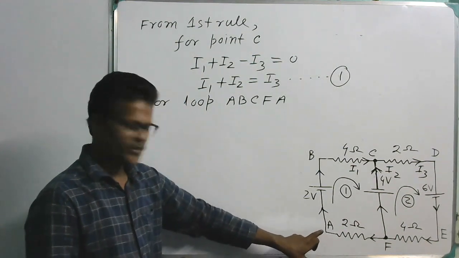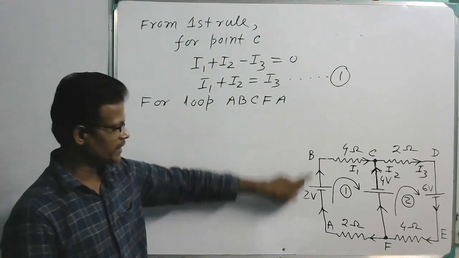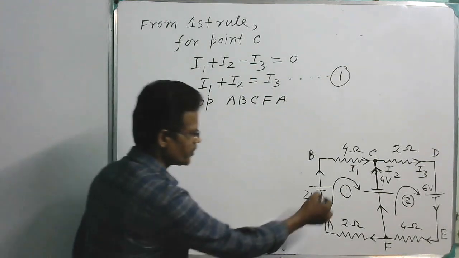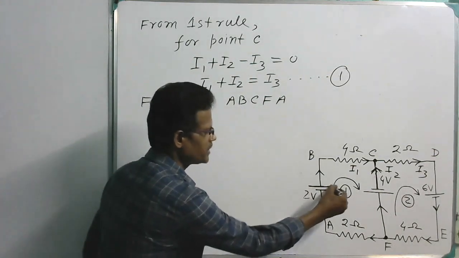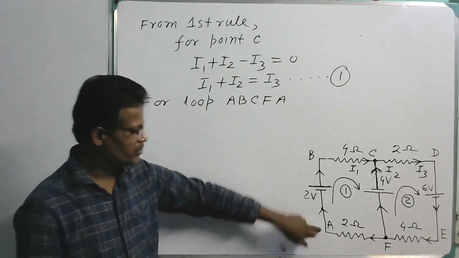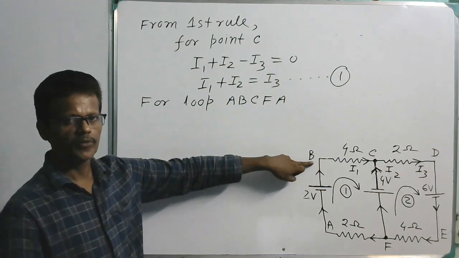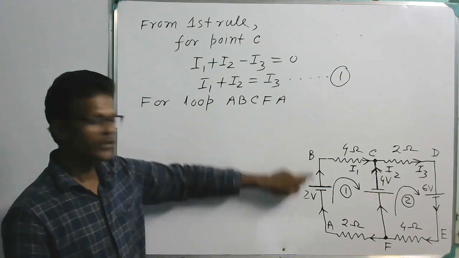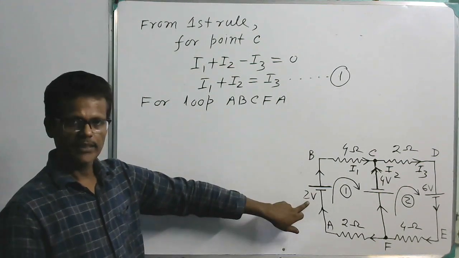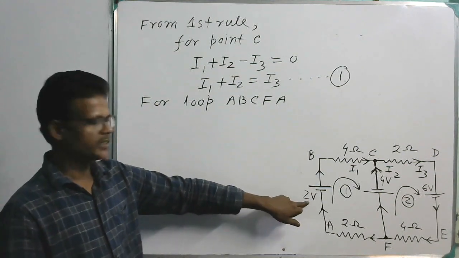First you proceed from A to B. There is a cell, and you are proceeding from the negative to the positive terminal, from lower to higher potential point. So this 2-volt EMF is positive.